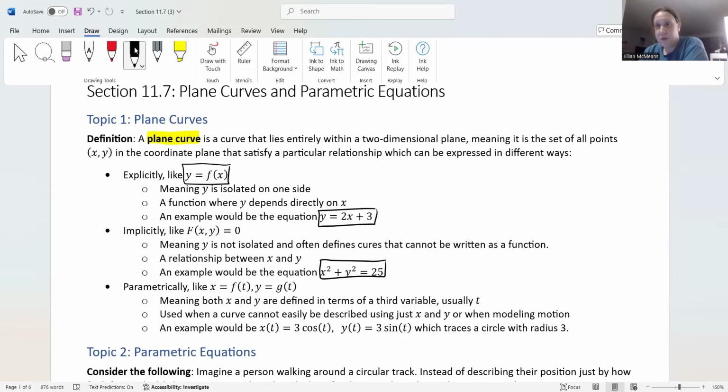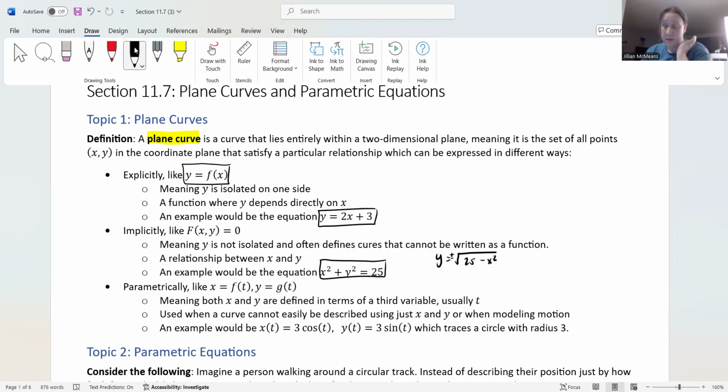If we were to solve this for y, we could, but it wouldn't be cute. We would get y equals plus or minus the square root of 25 minus x squared. That's nasty. So we could solve for y, but it isn't always going to be pretty. A lot of times the implicit form is for stuff that can't be written as a function, and if you write it explicitly, it's not as pretty sometimes.